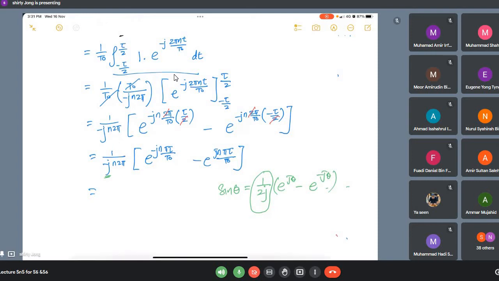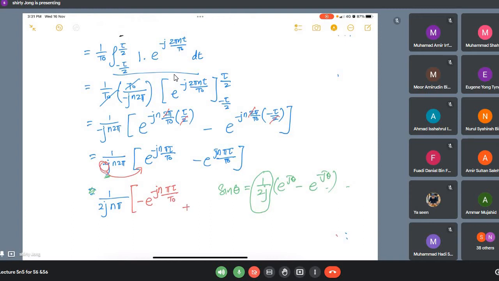Okay, so what if you write again? You write properly. So I rearrange it. Okay, I become 1 over 2j n pi. And the minus here, I multiply in. Okay, maybe I use different color. It's easy for you to see. Okay, red color. This minus I will multiply in. So I take out from the outside and multiply in. So I obtain minus exponent minus j n pi tau divided by t naught.